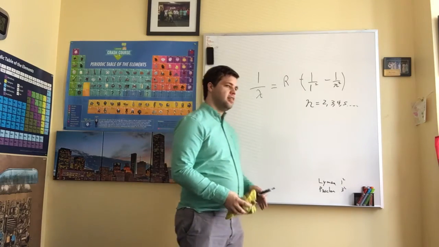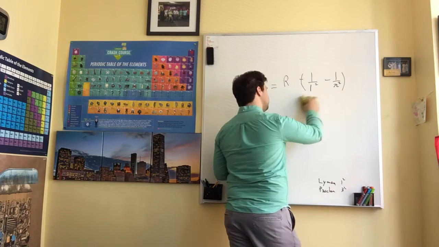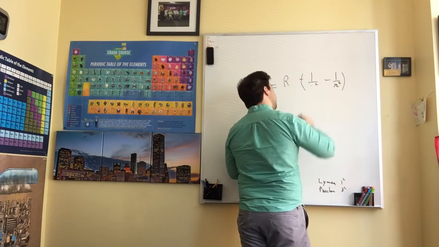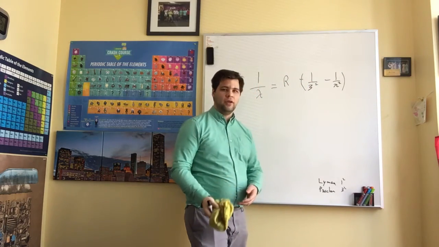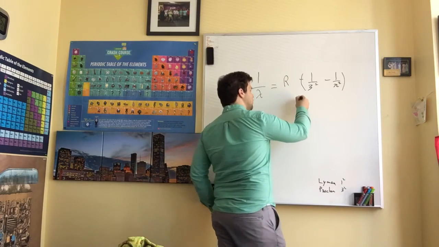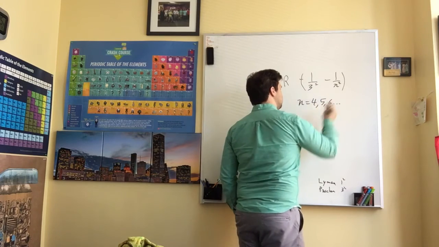And there was yet a third series. This series is called the Paschen series, and it has a 3, and it's in the infrared region. And n can take on values of 4, 5, 6.